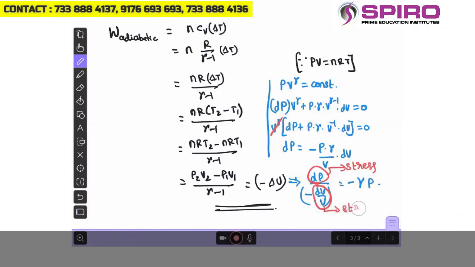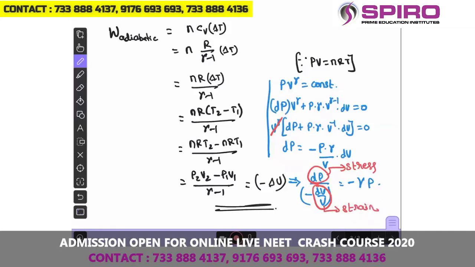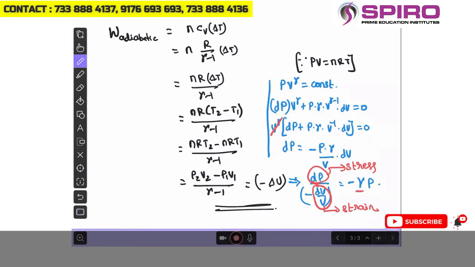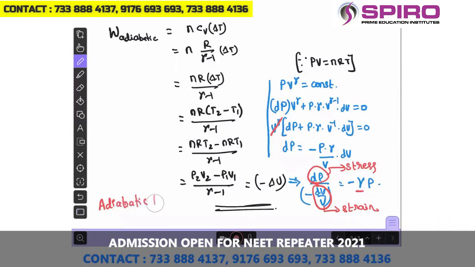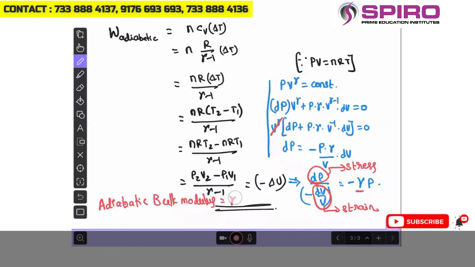Stress by strain is nothing but the bulk modulus. So the adiabatic bulk modulus is gamma times the pressure. So you can write adiabatic bulk modulus equal to gamma times the instantaneous pressure.